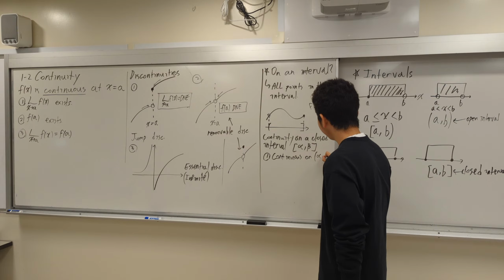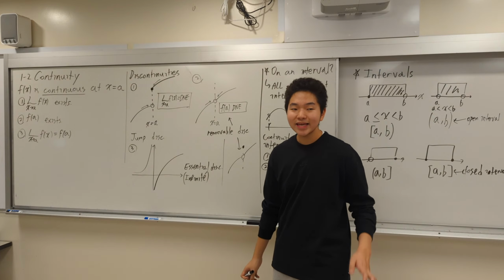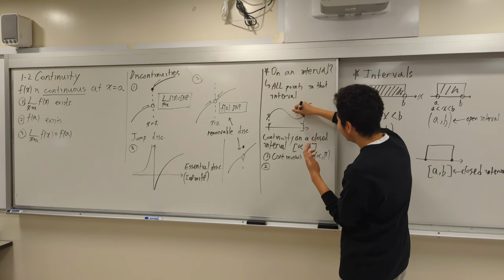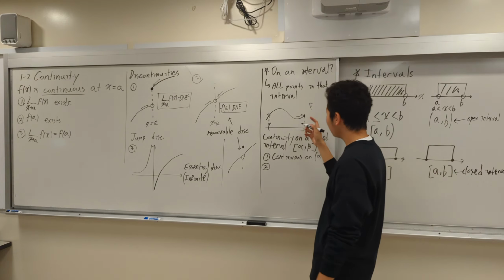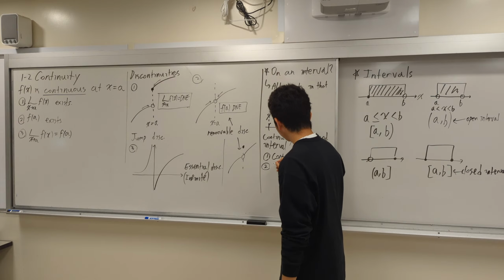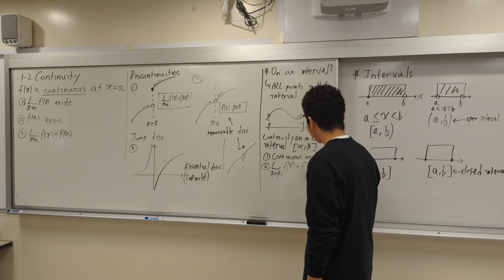So we have to verify that first. And then for each of the endpoints, we only have to look at their respective limits within the interval. So for beta, we can say that the limit as x goes to beta minus of f of x has to equal f of beta.